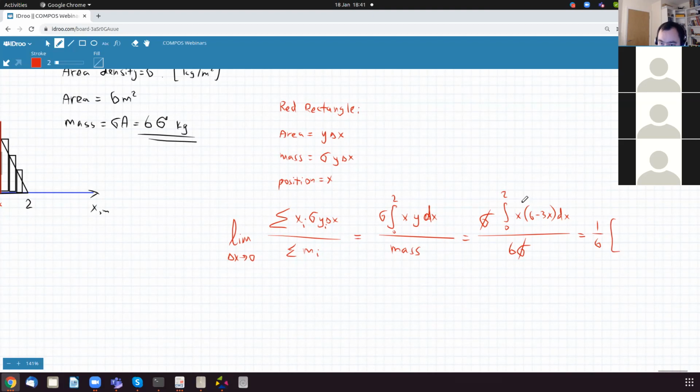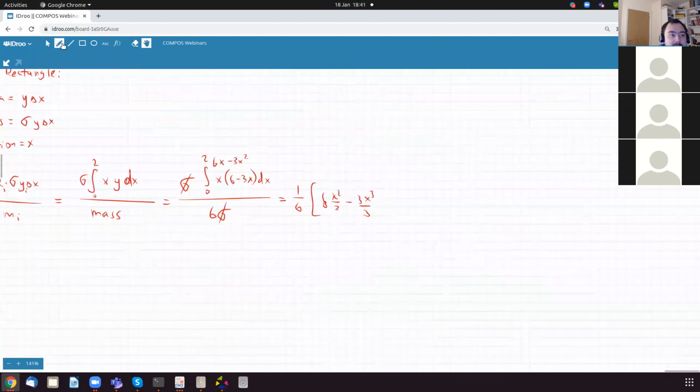Okay, so we need to expand the bracket, so it's 6x minus 3x squared. So the integral of that is 6x squared over 2 minus 3x cubed over 3, between limits 0 and 2.